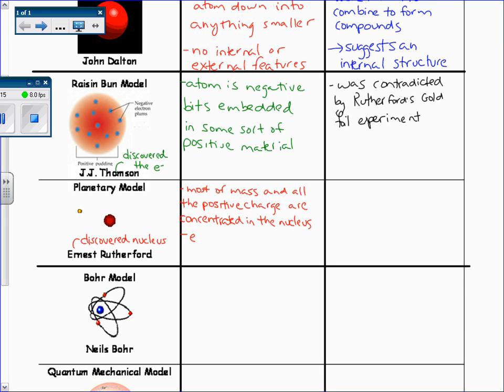And the electrons orbit the nucleus. Electrons exist in an orbit around the nucleus. And his limitation was it contradicted Maxwell's theory of EMR.